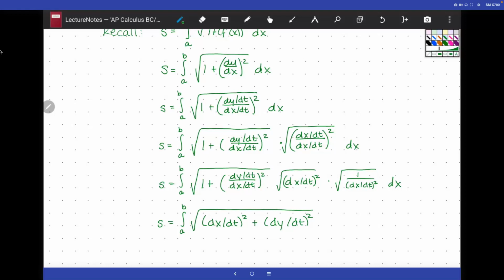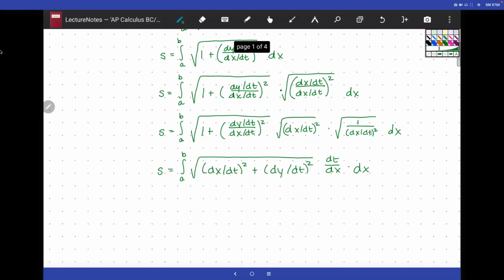Oh, thank God, no fractions there. And then over here, the square and the square root can cancel out. So I just have 1 over dx dt, so that would be dt over dx. And then I will finally have it. I'm going to cancel out the dx's, and we're going to have what we want.